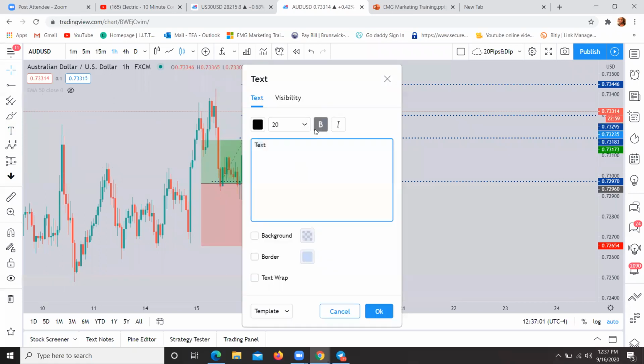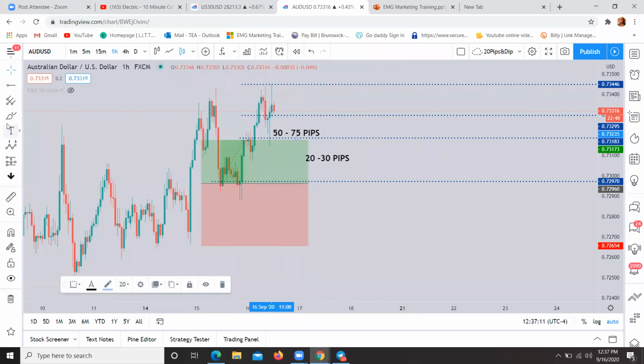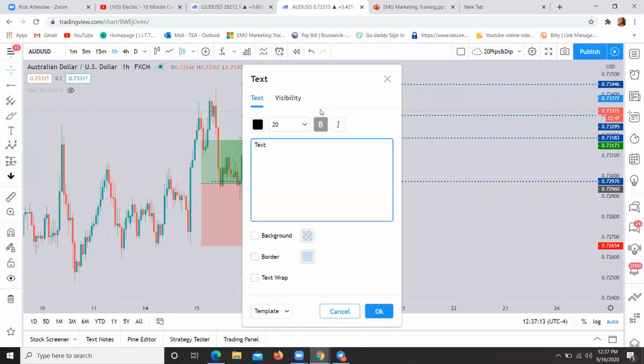Then the second take profit is going to be 50 to 75 pips, and the third take profit is going to be anything from 90 to 150 plus pips, depending on what you're trading.